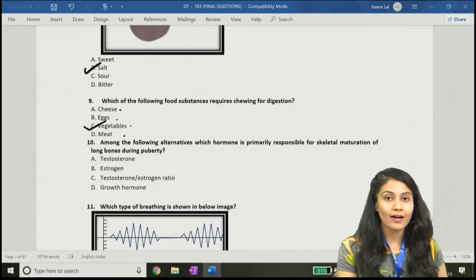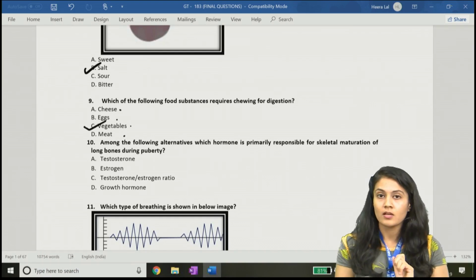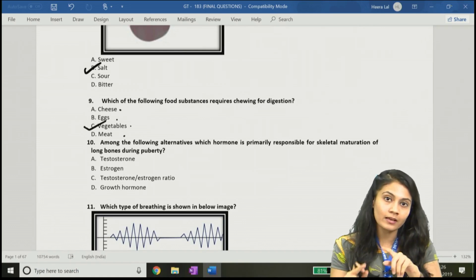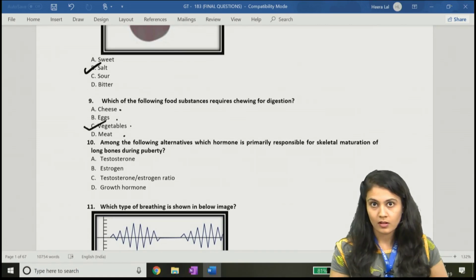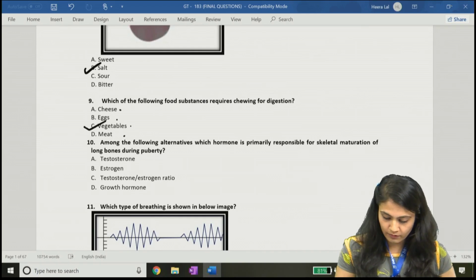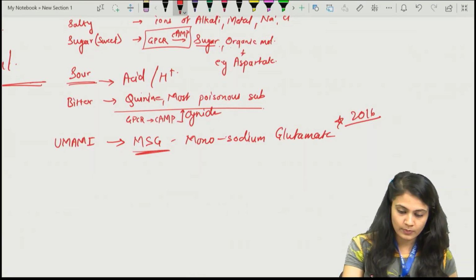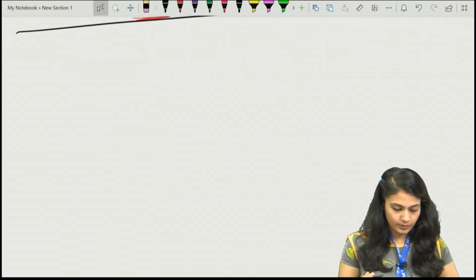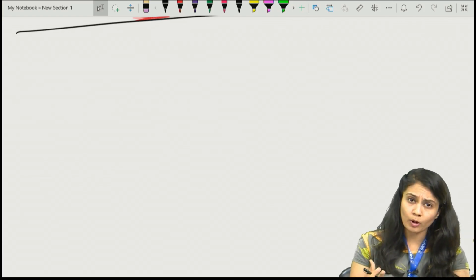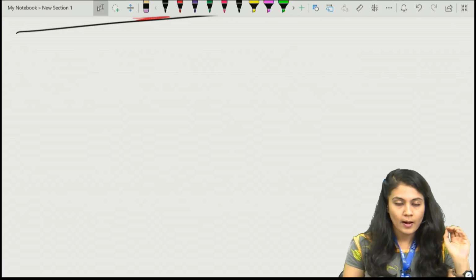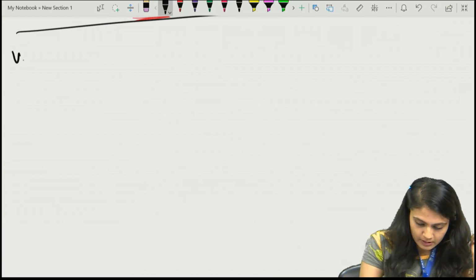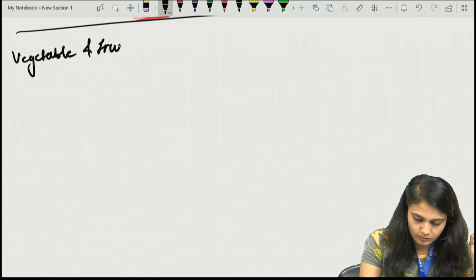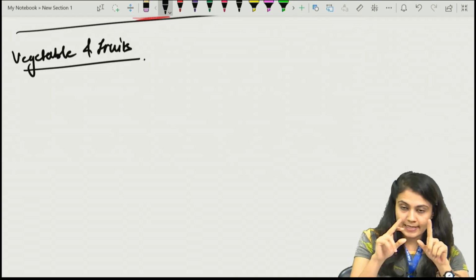Fruits and vegetables have a cellulose coating, and if we don't chew, the nutrient portion inside the cellulose membrane we cannot digest. So let's see the concept about the vegetables and why the answer is vegetable rather than meat. So write down what happened. Chewing is important for all solid substances, but especially for vegetables and fruit. They have a cellulose coating.